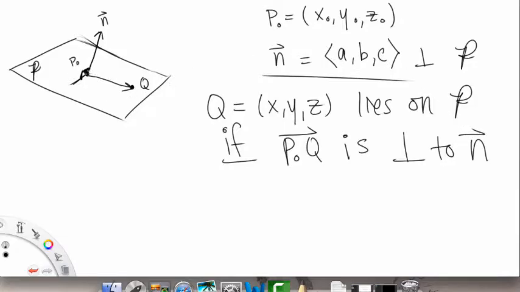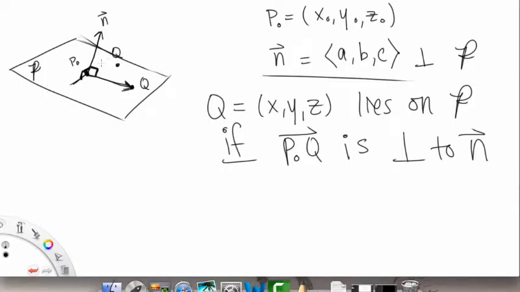So if we form a vector from P naught to Q and it makes a right angle with the normal vector, that means Q has to lie on the plane P, the fancy P.